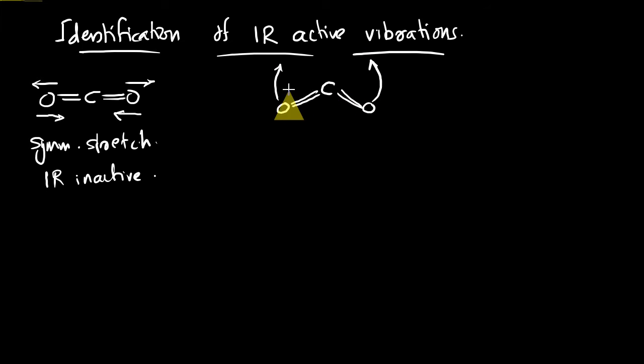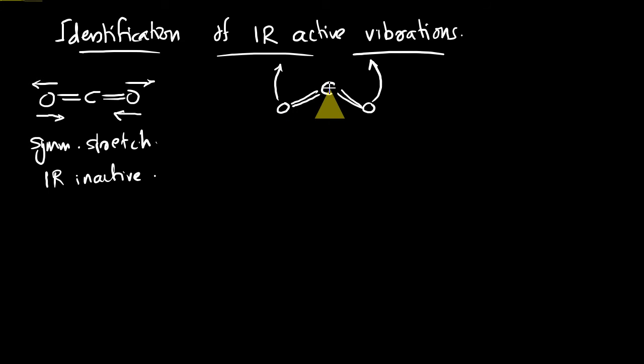You can see that in the equilibrium position, the bond angle is 180 degrees, and the dipole moment was zero. But if you check the dipole moment at this extreme, it is not zero, because the dipole moment of the left carbon-oxygen bond is not opposite to the dipole moment of the right carbon-oxygen bond. The two vectors are not in exactly opposite directions, therefore they will not cancel each other.